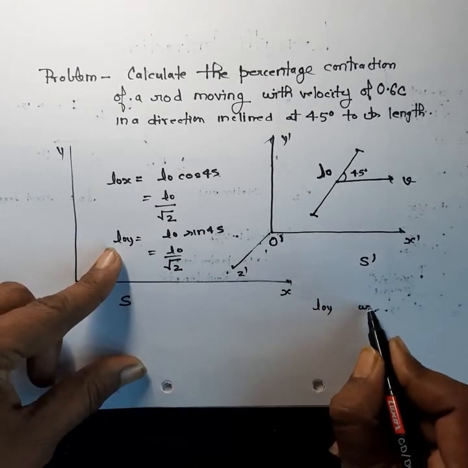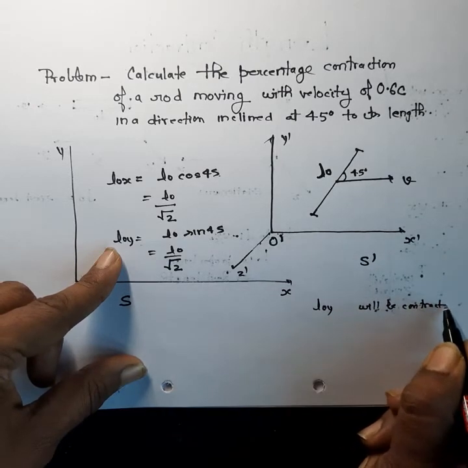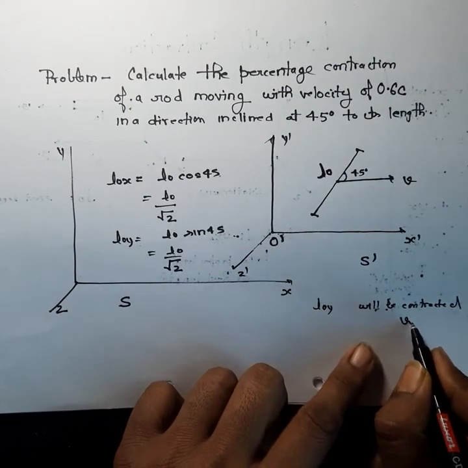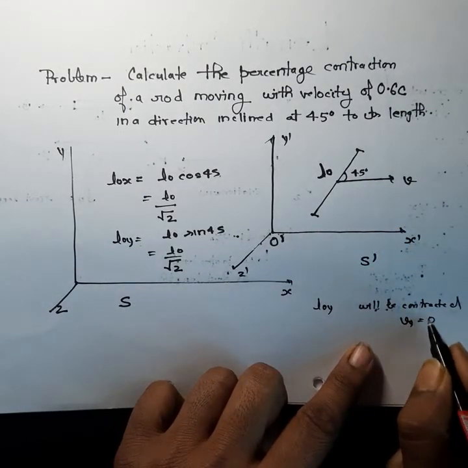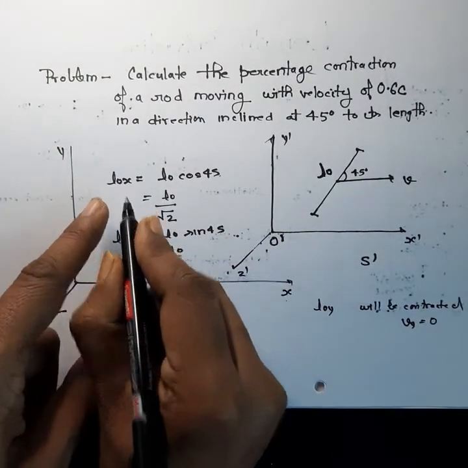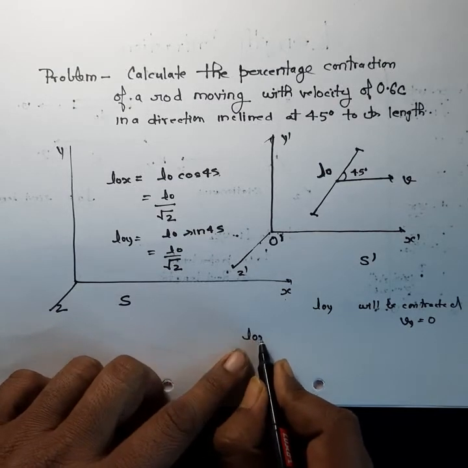L0y will not be contracted. Why? Because the y component of the velocity is 0. But contraction will take place in this other dimension.